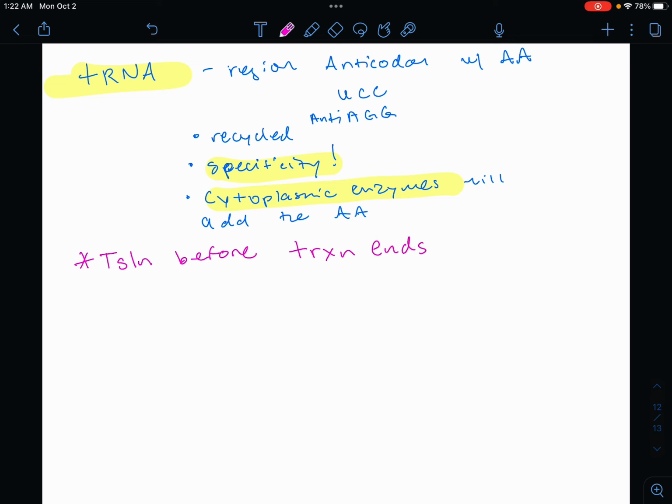So translation before transcription ends. This happens in prokaryotes. So what does that mean? So this allows for efficiency.